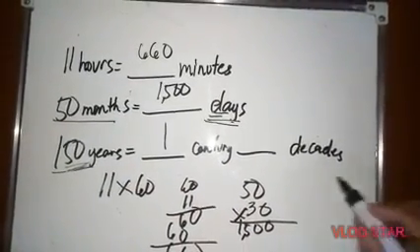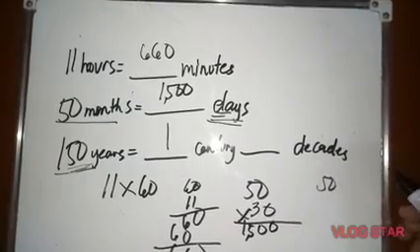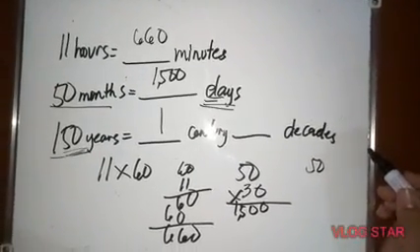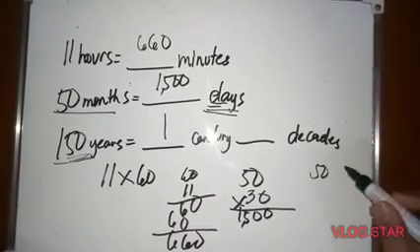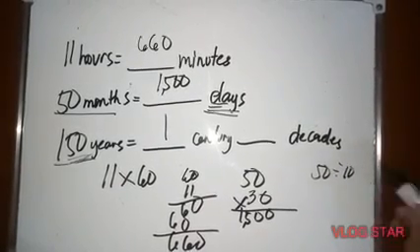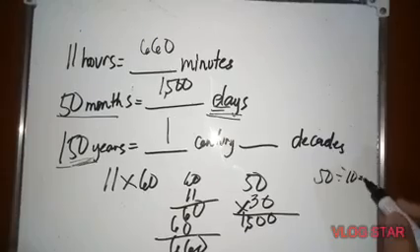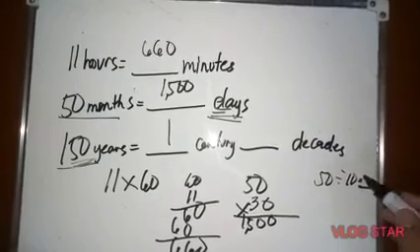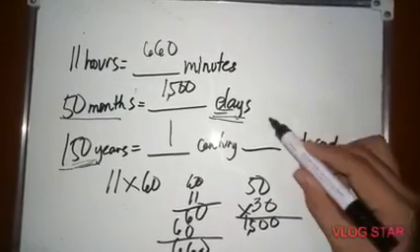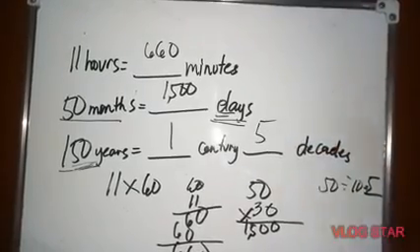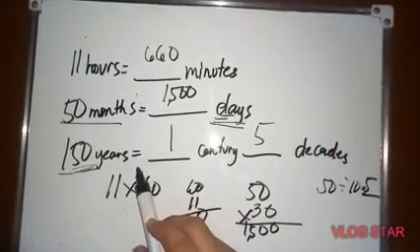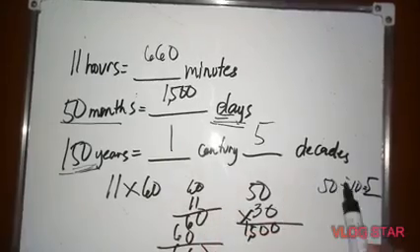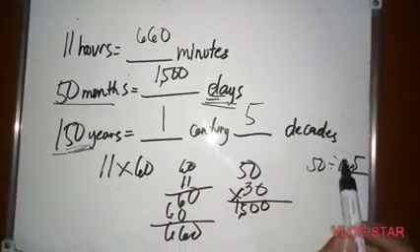Since one decade is equal to 10 years, then 50 divided by 10 to get the number of decades. So 50 divided by 10 is 5. So it means that in 150 years, there is 1 century and 5 decades.